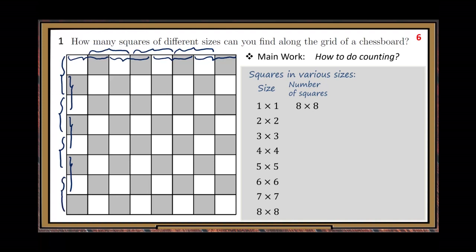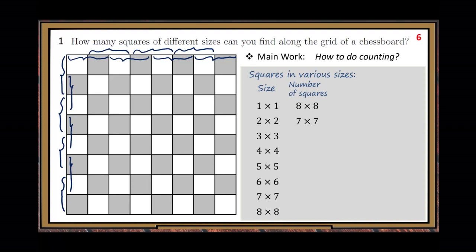So each dimension there are 7 cases. So the counting number is 7, but 2 dimensions. So the result is 7 times 7, 49.